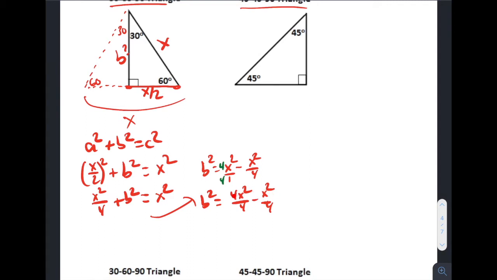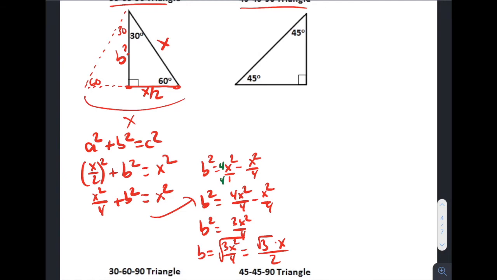Subtracting those numerators, 4x squared minus x squared is going to be 3x squared. So b squared equals 3x squared over 4. And then to get that b by itself, we take the square root. So b equals the square root of 3x squared over 4, which is going to be equal to the square root of 3 times whatever our x is over 2.